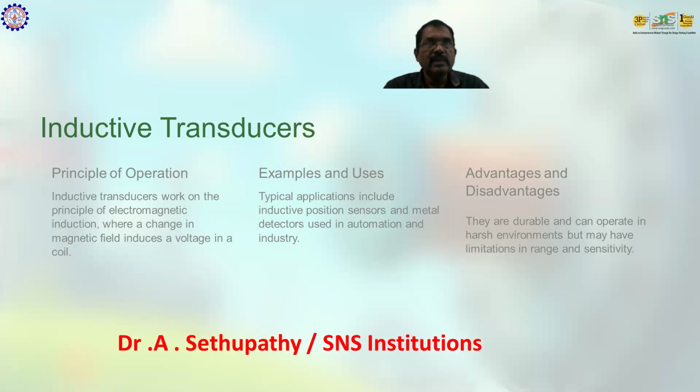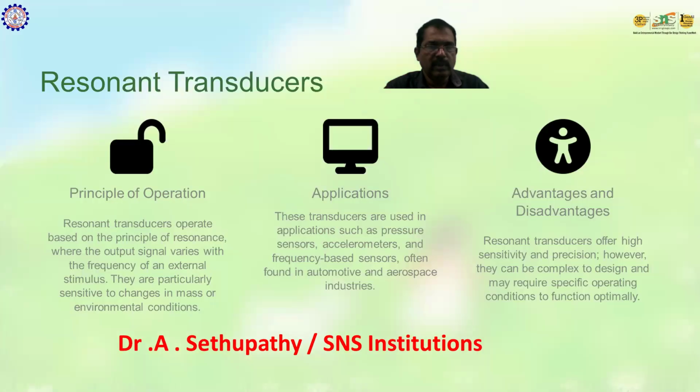The advantage of inductive transducers is that they can operate in harsh environments and are not easily affected by the environment, but there are limitations in range and sensitivity. The range between two points is very small, and the distance limitation is low compared to other sensors. These are the advantages and disadvantages of the inductive type.